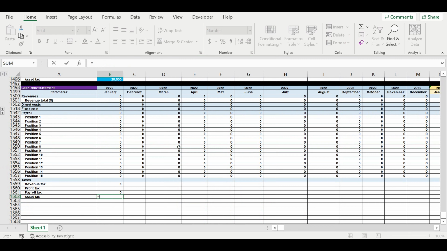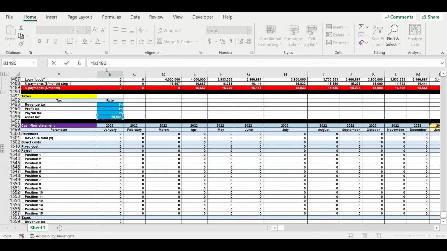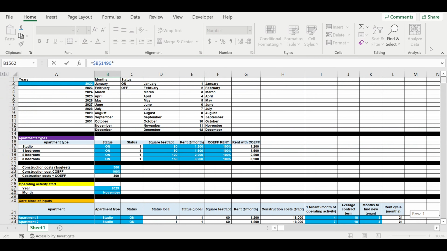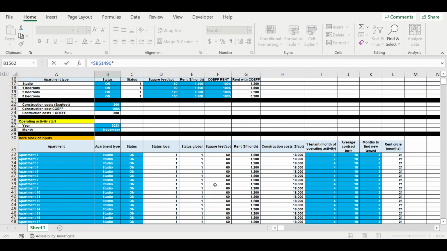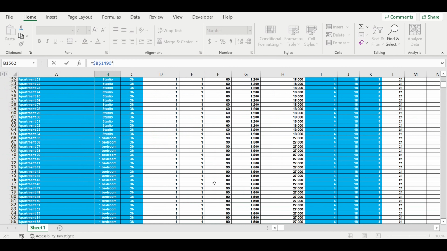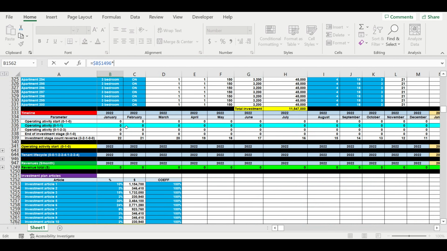Then asset tax, we take the value of the asset tax and multiply it by 0 or 1 if we do or do not have an operating activity at this moment. So I'm going to search this line.